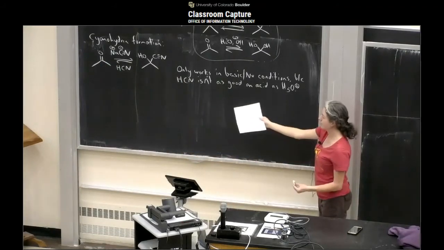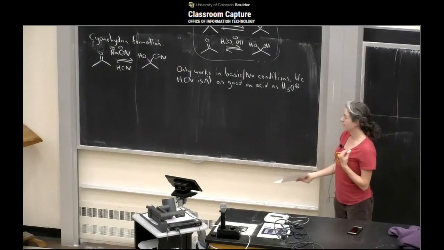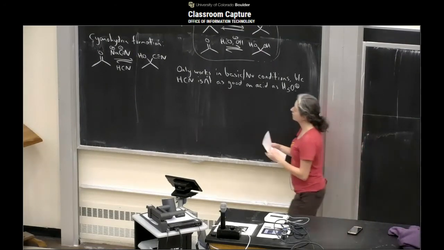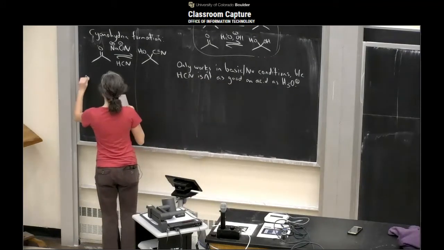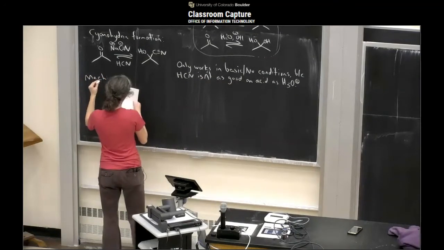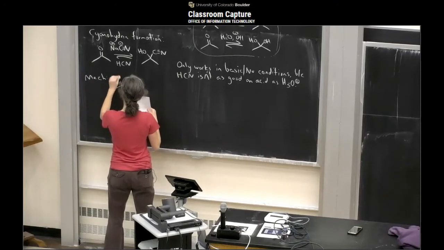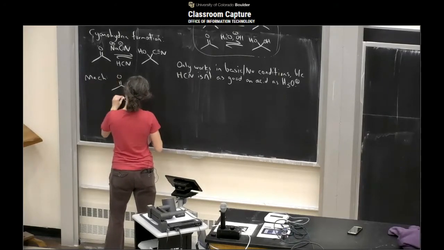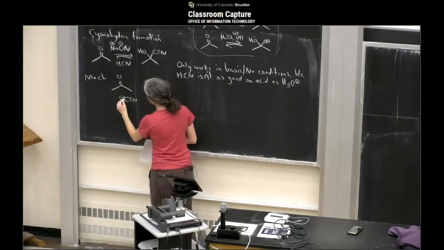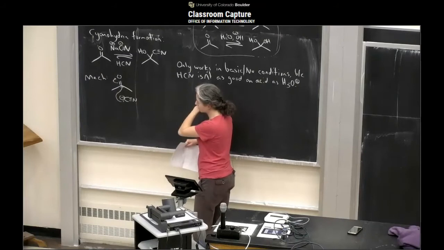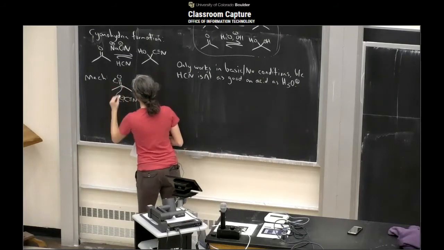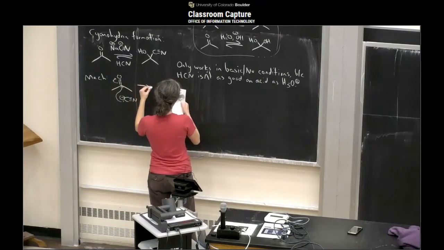Okay, so you can either set this up as NaCN with some extra HCN around. As a quick review on the mechanism here, C≡N− is a good enough nucleophile that it just goes straight in for the attack, despite the fact that the carbonyl is not protonated.